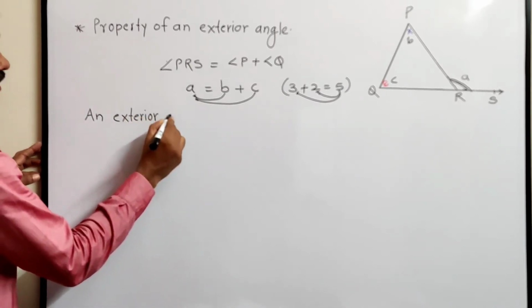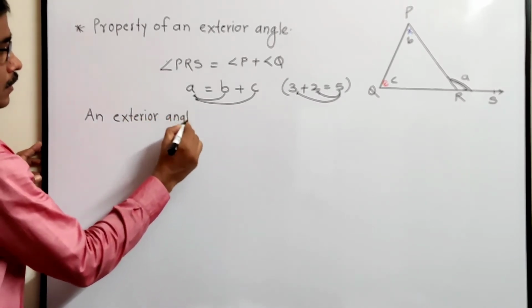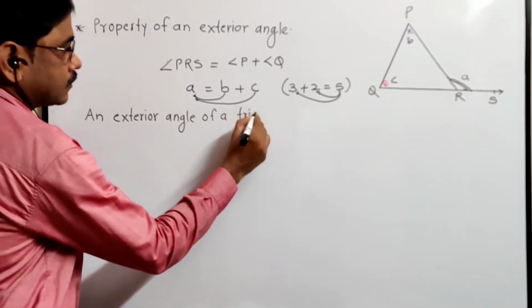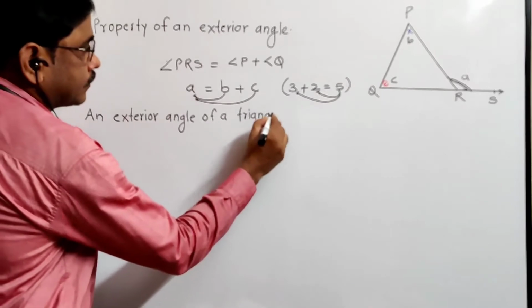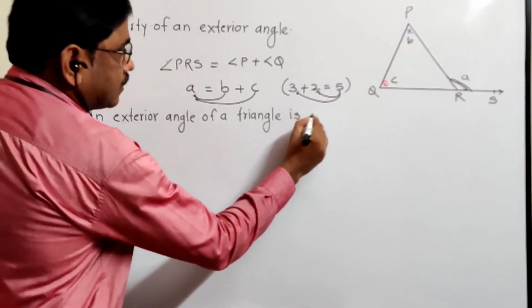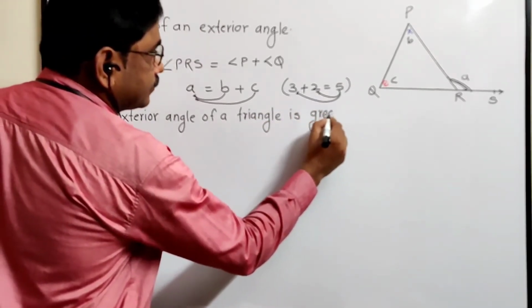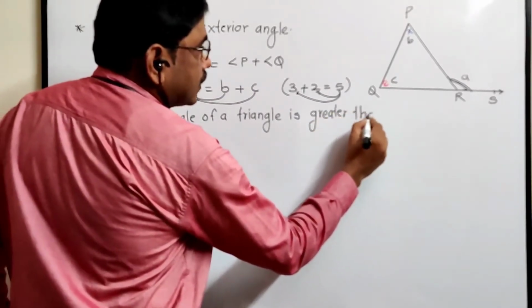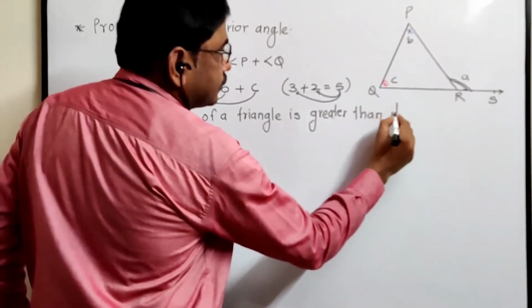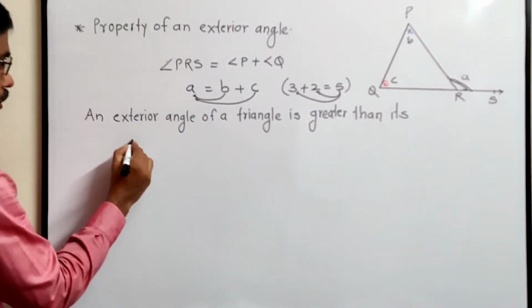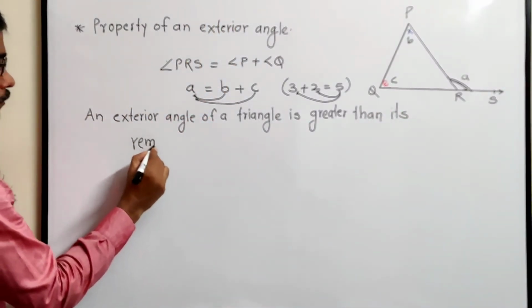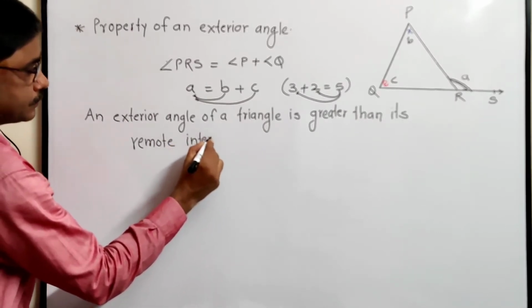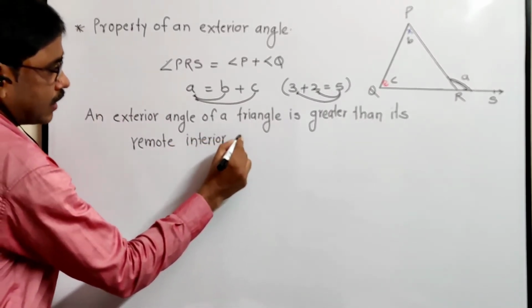An exterior angle of a triangle is greater than its remote interior angles.